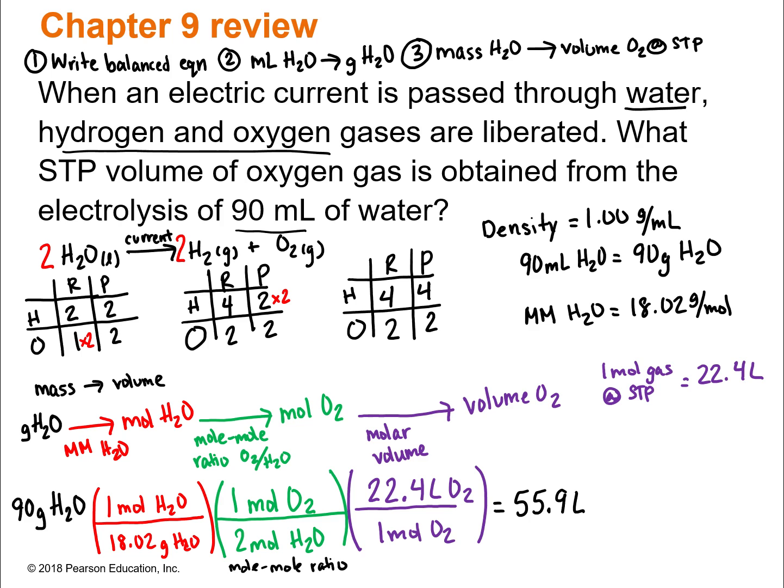So it just tells us if we have 2 moles of water, we're going to make 1 mole of oxygen. That's the relationship between the two. Without that relationship, I can't tell you how much oxygen we'll make given the amount of water we're starting with. Does that make sense?